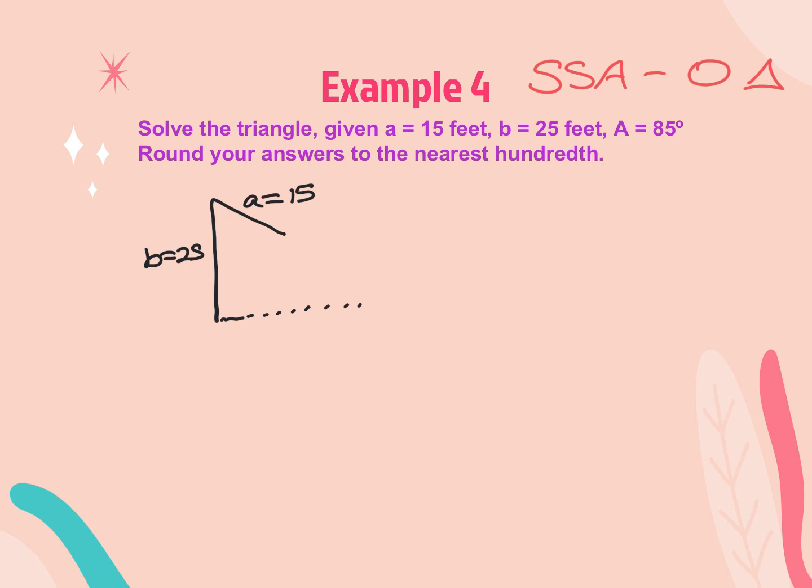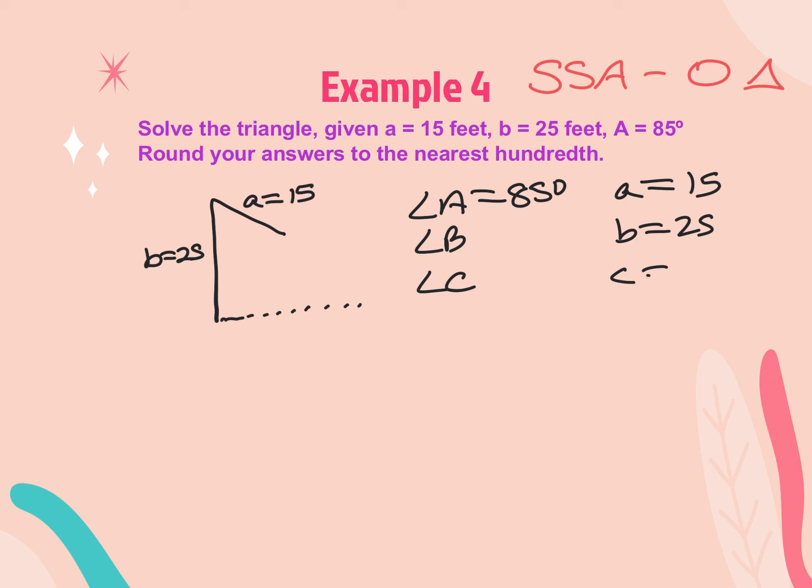So again, I'm going to set up my stuff, angle A, angle B, angle C, 85, little a is 15, little b 25, little c I don't know. So again, I'm going to take as my first proportion the letters that have numbers next to them.